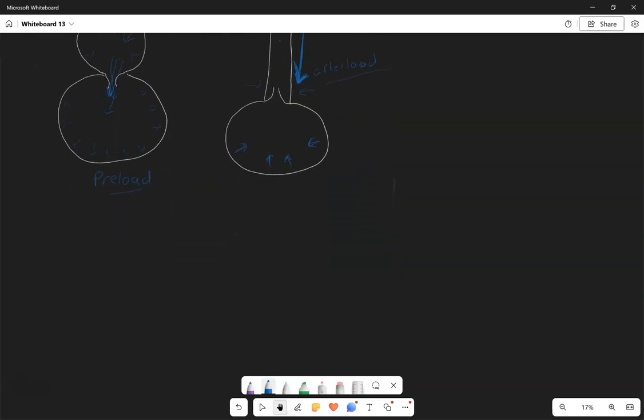Now, there is a very special law that looks at this sort of stuff, and this is known as the Frank-Starling law. And the Frank-Starling law basically says that our stroke volume is proportional to the end diastolic volume.